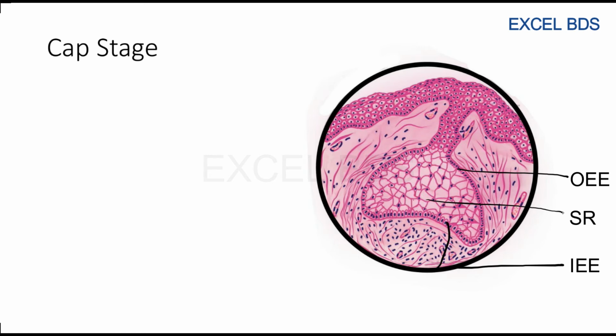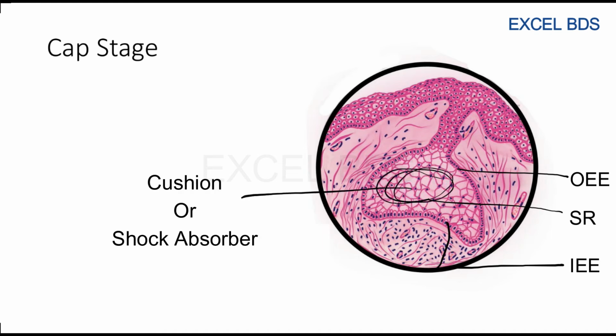It has water inside it and acts as a cushion. Because of the water, it has a shock absorber function, because the whole enamel organ is very delicate. So the stellate reticulum acts as a shock absorber.